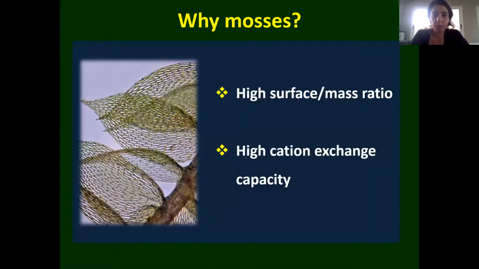But why do we use mosses for these studies? Because they have several characteristics, specifically the most important, the high ratio of surface of tissues to mass, and especially a great ability to exchange cations on their surfaces.